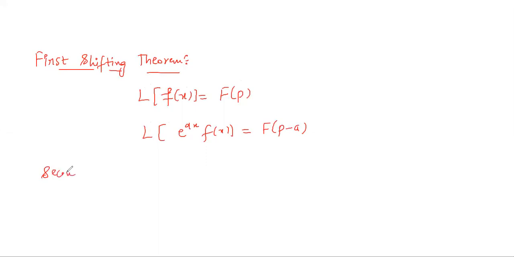So now we are moving to the second shifting theorem. This is property number 2, or theorem number 2. In this, what we are going to do is differentiation of Laplace transform.